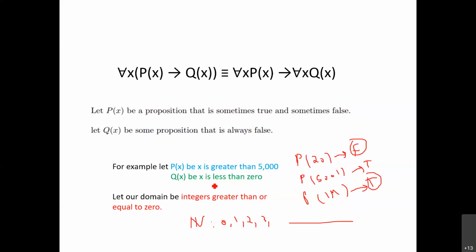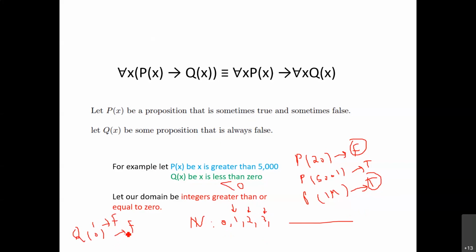Q is always going to be false because Q of X is X such that it's strictly less than 0. But my domain is 0 and above. So whatever value of X you choose, it's always going to be false. So Q of 0, false. Q of 1, also false, and so on. You get the idea.